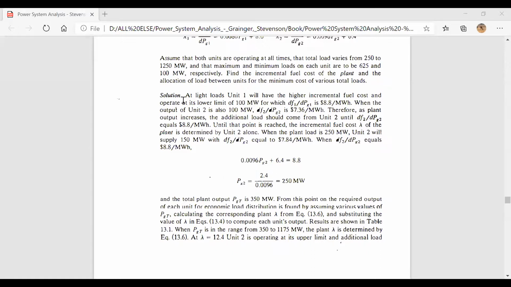Now, at light loads, unit 1 will have higher incremental fuel cost, and it's operating at a lower limit of 100 megawatt, for which dF1 over dPG1 is $8.8 per megawatt hour. When unit 2 is also 100, that gives us 7.36. Therefore, as plant output increases, the additional load should come from unit 2 until dF2 over dPG2 equals 8.8.